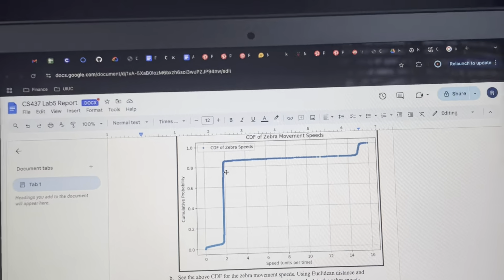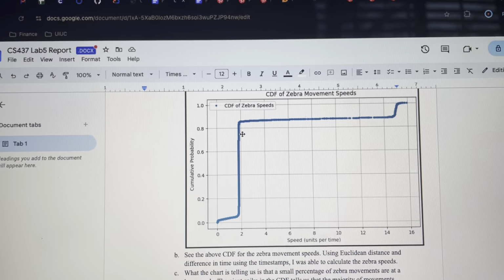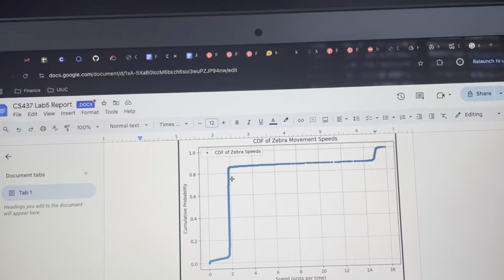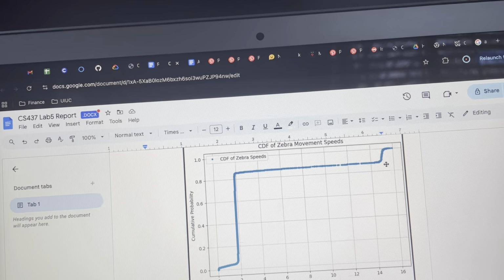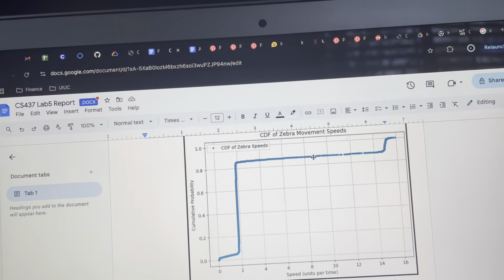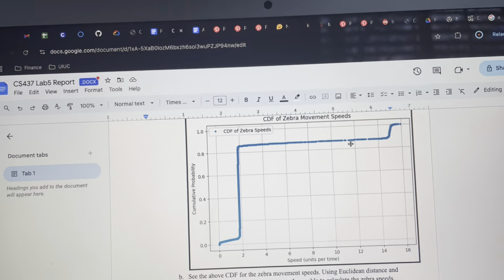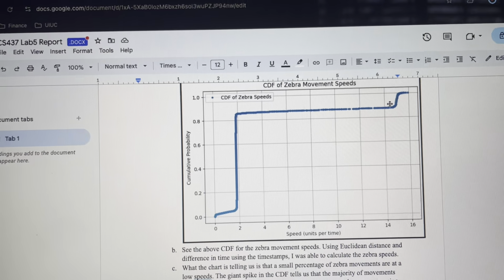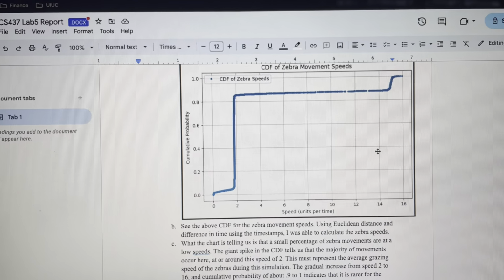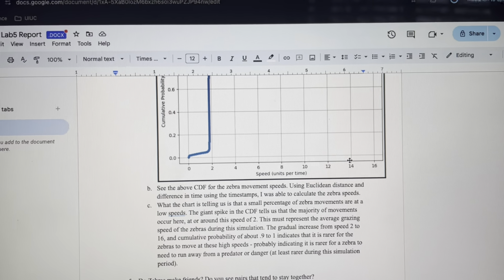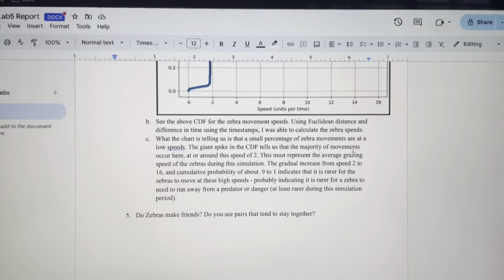This probably represents the average grazing speed, I maybe proposed. Then this gradual increase from 2 to 16, resulting in a cumulative probability increase of about 0.1, just indicates that it's rare for the zebras to move at a higher speed. Maybe it's to run away from danger or a predator, and that was somewhat rare according to the data in this 2.5-hour simulation.